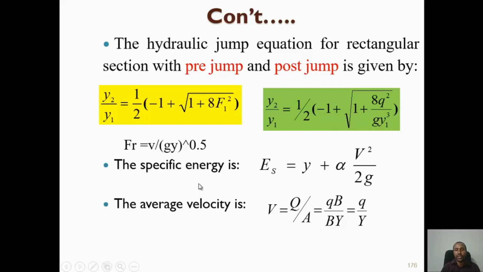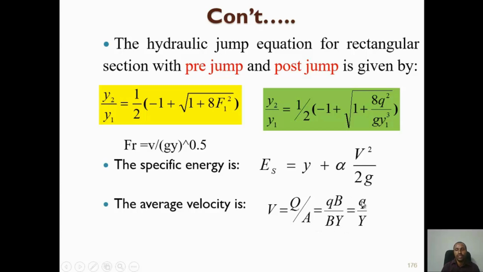So specific energy also, this is the depth plus kinetic head. Since you have depth plus kinetic head, alpha is just the energy correction factor. So average velocity is Q over area. So if you substitute Q over area here, then Q means small q times the width of the spillway. Then area means width times depth.